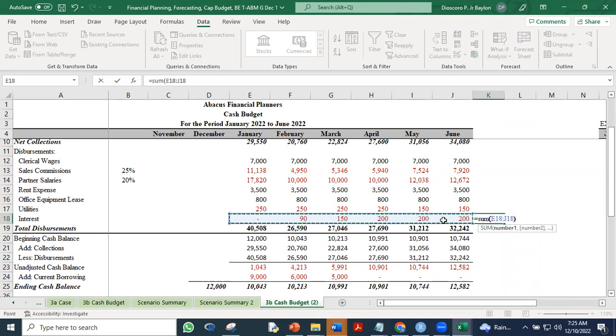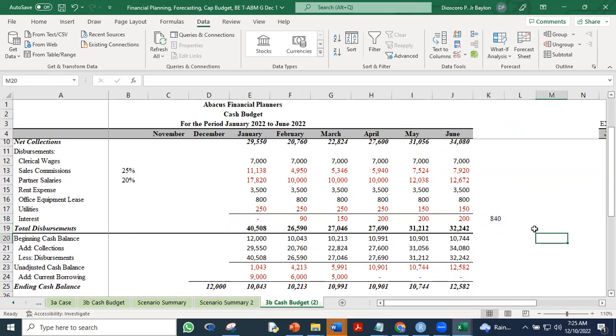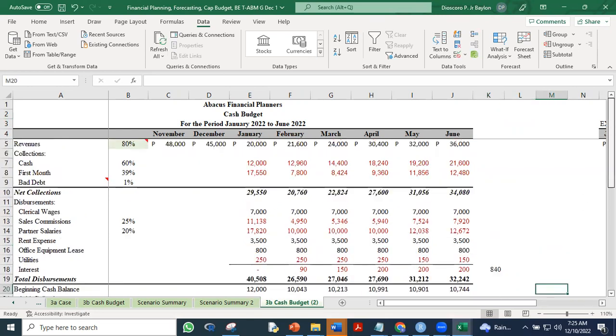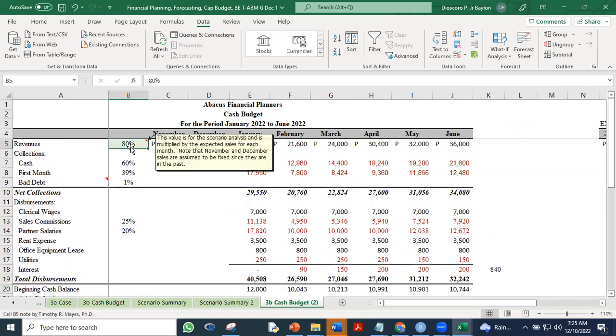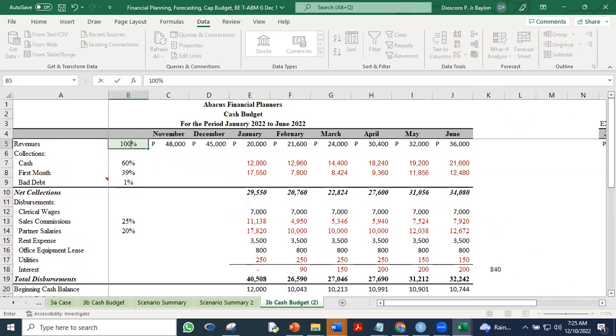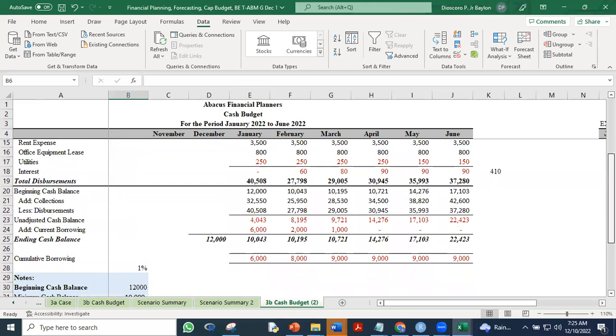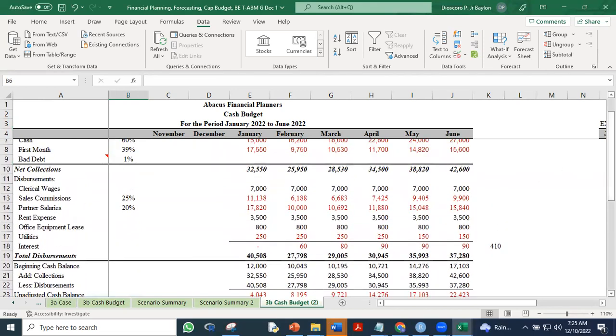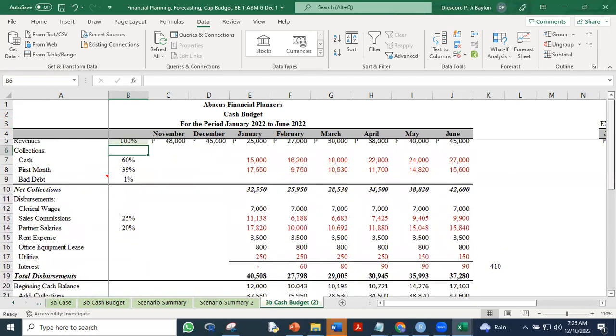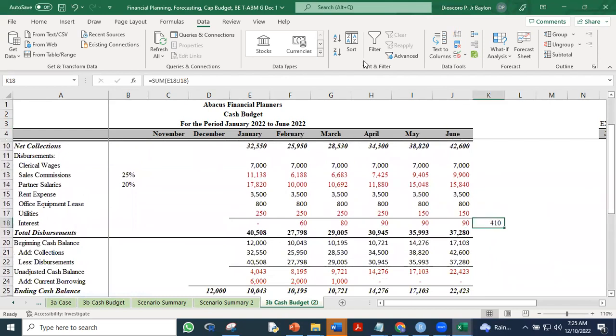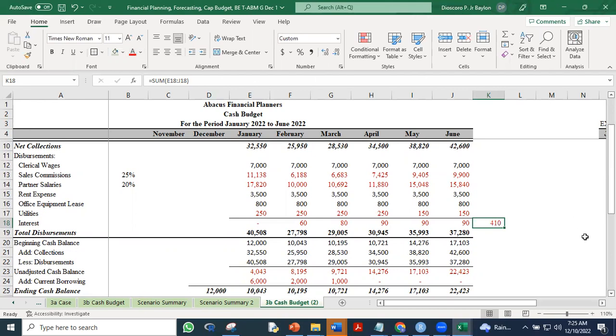How much will be the total interest expense for those 6 months? Now, currently it's 100% here, but we can change this. We can put here 90, depending on the case scenario. So if it's the base case scenario, the total interest will be 410. Okay, so let's put this in red. This is the total of the interest.